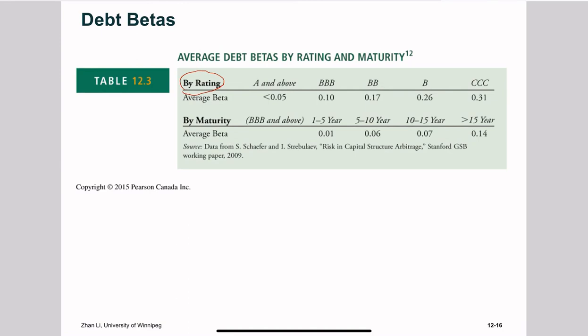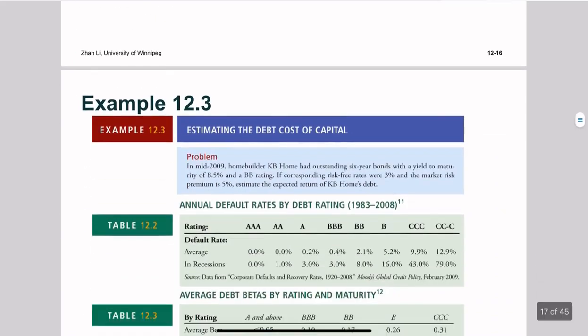So you have these different ratings and you have their betas. Or you could also have the result by maturity. However, this is only a table for higher rated debts, right? So this is for BBB and above. That is for these guys and these guys.